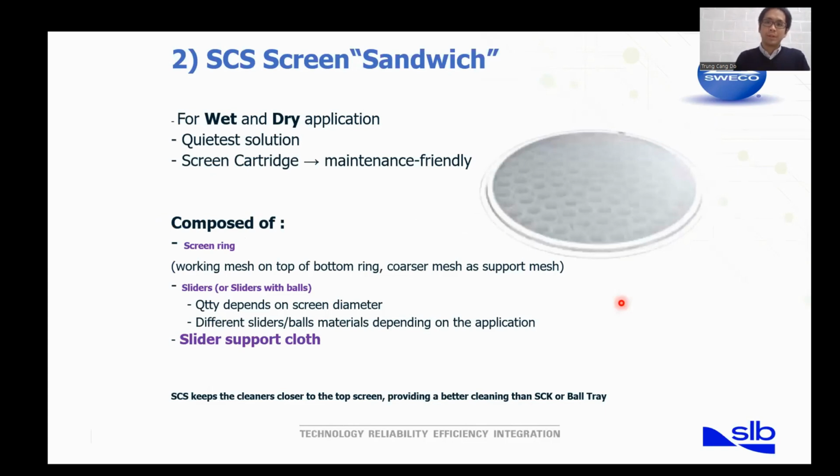The other integrated solution is the sandwich screen. So where you have everything, you have one screen with the sliders. You have the top mesh that we use, and at the bottom you have the support cloth.